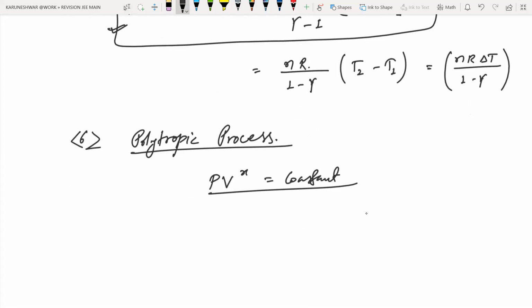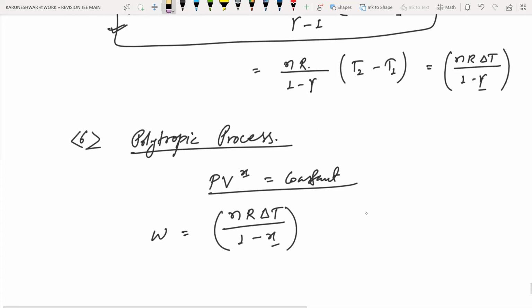Here it is X only. So the work done in a polytropic process will be W equals nR times delta T divided by 1 minus X. Why X? Because in place of gamma, you replace it with the power X to calculate the work done by the gas.